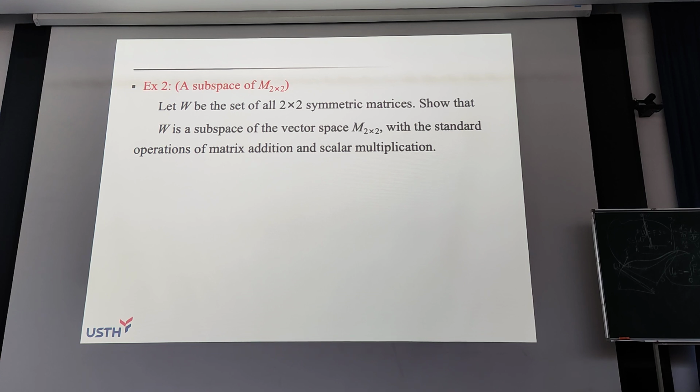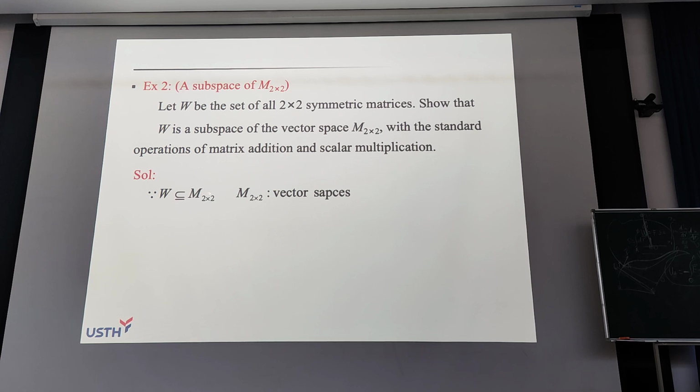We require one more condition, that the 2 by 2 matrix must be symmetric. Then I claim that W will be a subspace of M2 by 2. So in order to do that, we need to verify property number 1 and property number 6, nothing more. Then we proceed as follows.